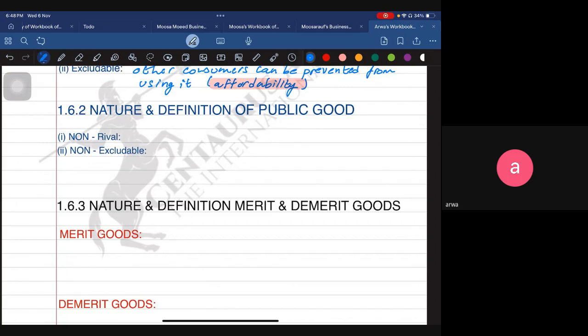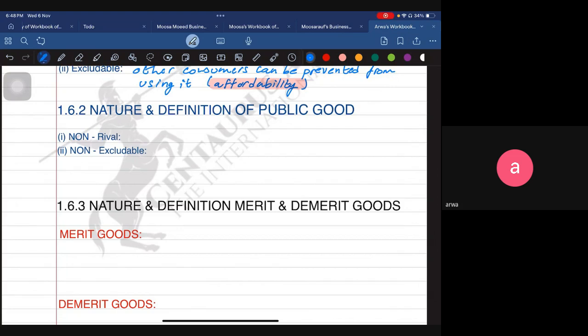It can be non-excludable, and then it can also be non-rival, but I'm not sure how it's non-rival. Public goods are going to be limited in supply, right? So how are they non-rival? I'm kind of confused about that.